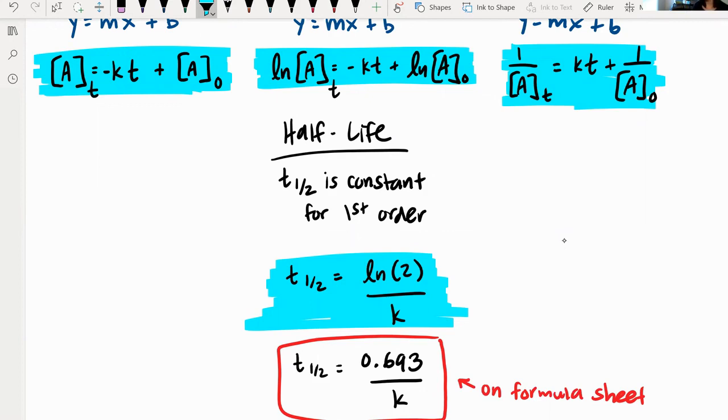You have access to that in Schoology if you're interested in looking and seeing what is actually on there. So how does this half-life formula work? Easy. If they ask you for half-life, you plug in K and you solve. That's it. Or vice versa, they could give you the half-life, you plug it in, and you solve for K. Okay, so you'll be given the information for one of those, and you're going to be asked to solve for the other one.